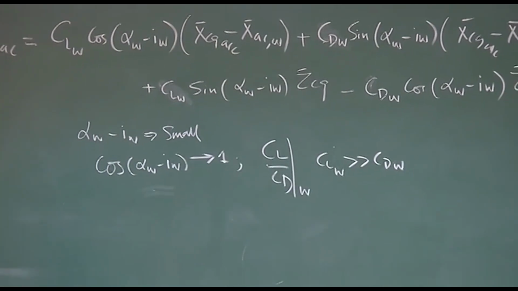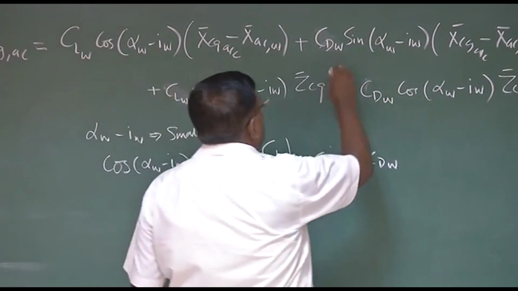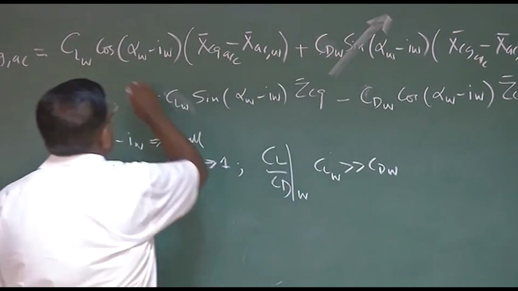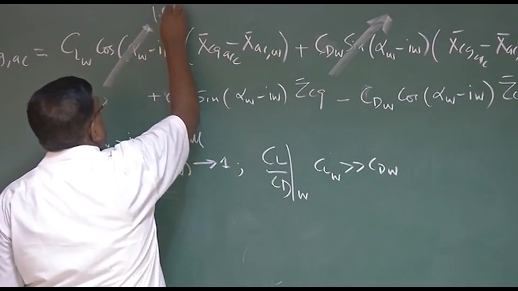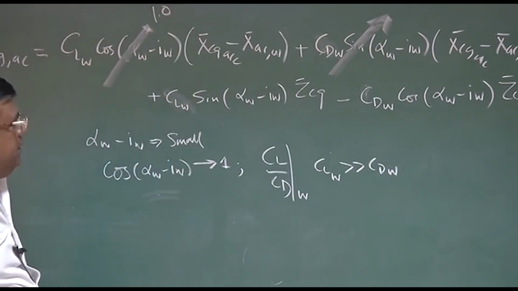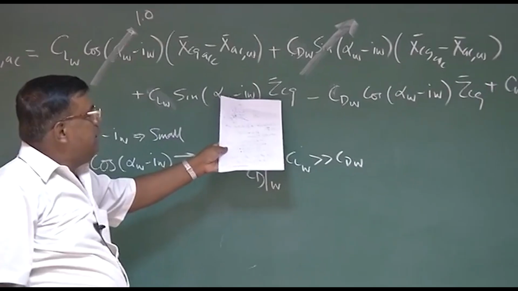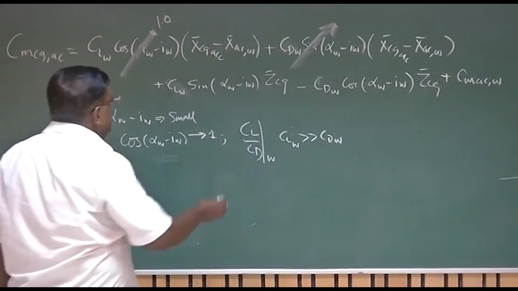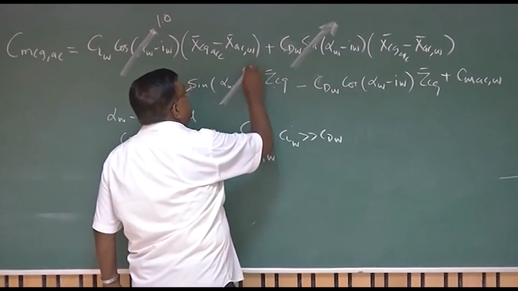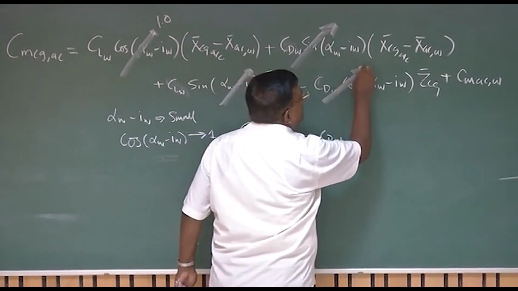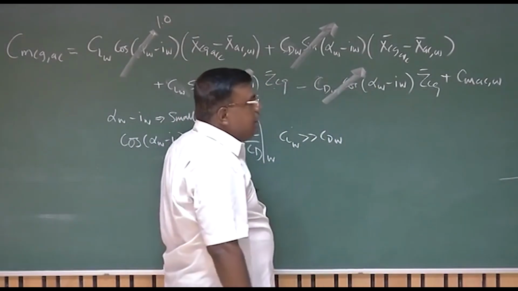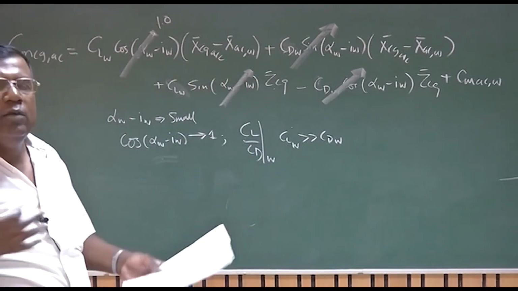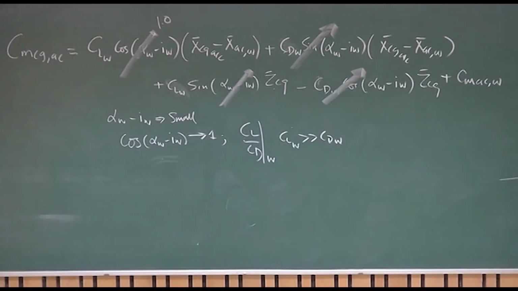Our aim is very simple: we want to make a cleaner expression and get rid of these terms. Still, life is complicated. We say let's assume that the CG is on the fuselage reference line, so Z CG becomes 0, and these terms also go. Z CG zero means the CG is on the fuselage reference line, which in any case the airplane will try to do, right?